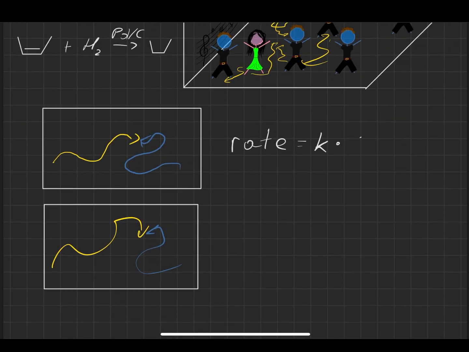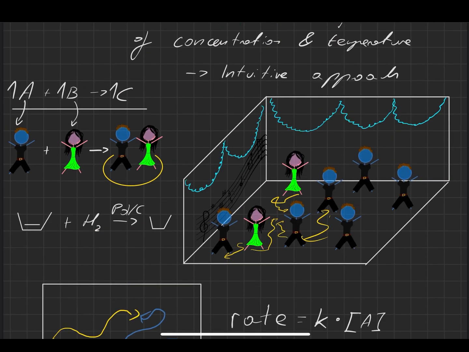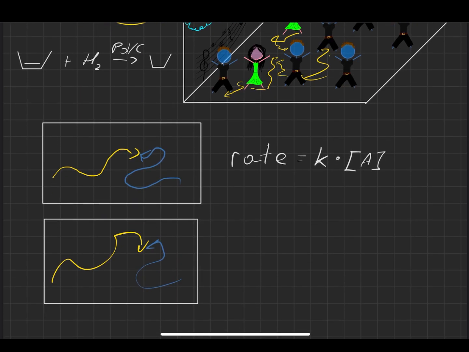So let's denote it as A in square brackets, raised to the power of its stoichiometric coefficient, which is 1 in this case, times the same for the second reagent, raised to the power of its stoichiometric coefficient.